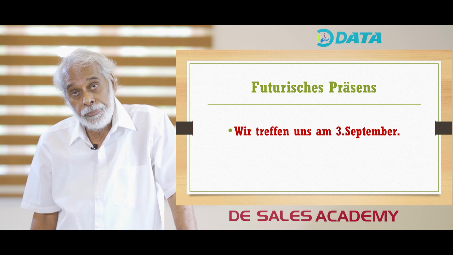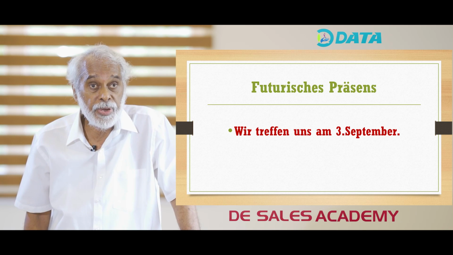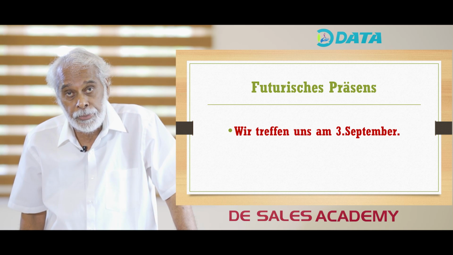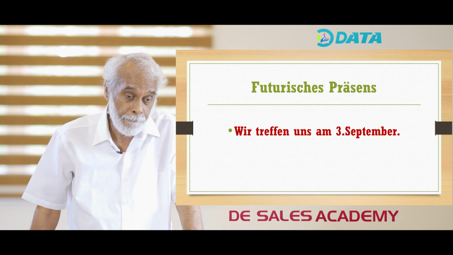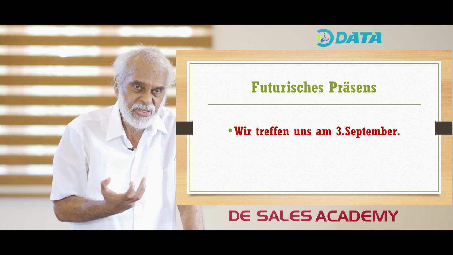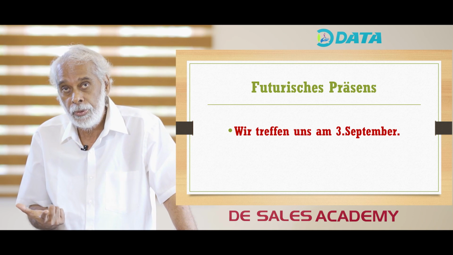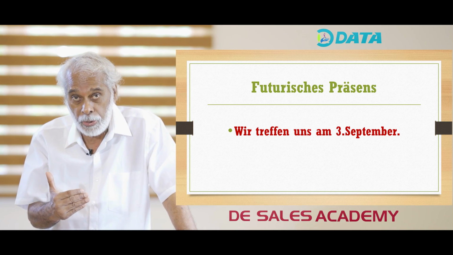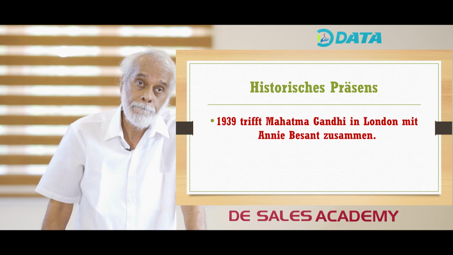September. We'll meet on 3rd September. We have one more week. The structure of the sentence is very much present, but it has the effect of the Futur eins which I have learned some time back. So such present tenses are known as futurisches Präsens.